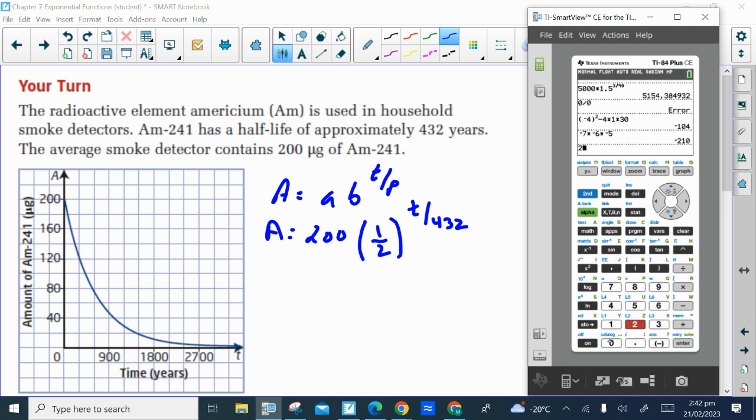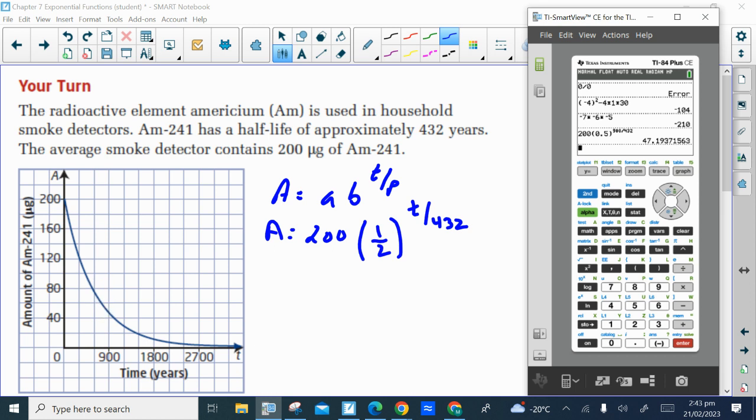So 200 times 0.5 to the power 900 over 432. I'm letting t, the time, equal 900 years, and there we go, we get an answer of 47, which is between 40 and 50. Okay?